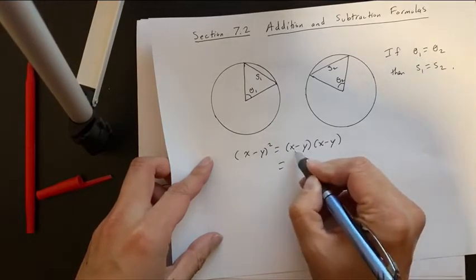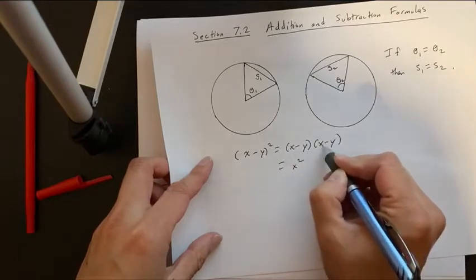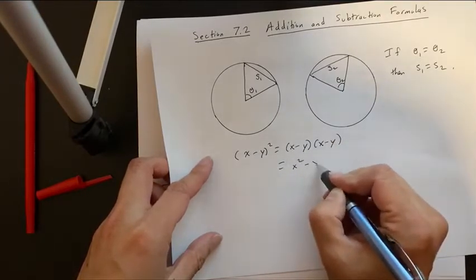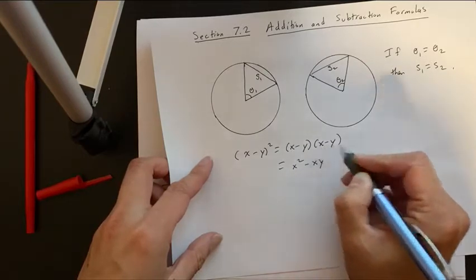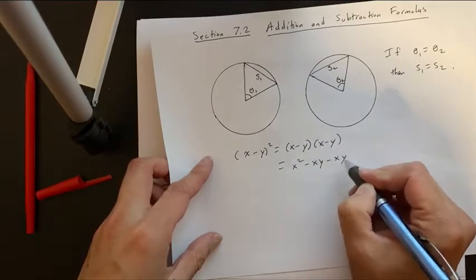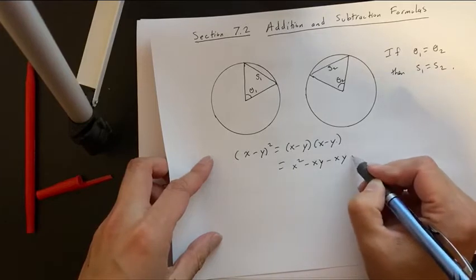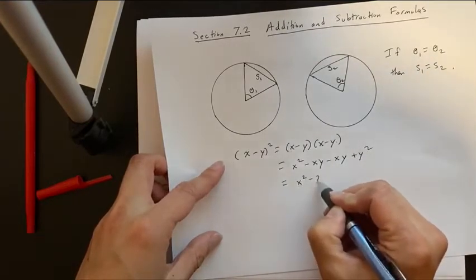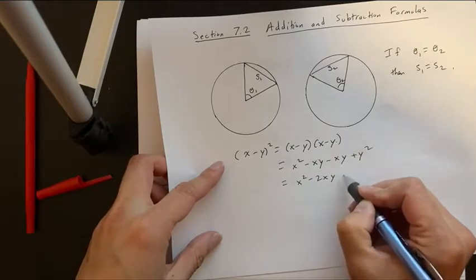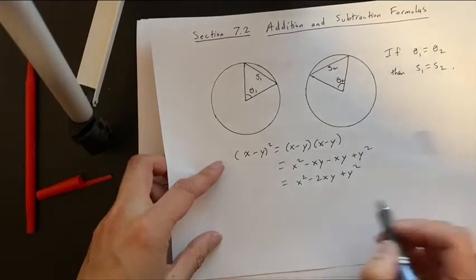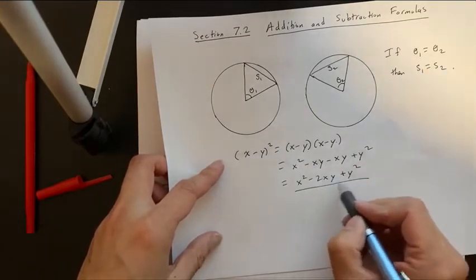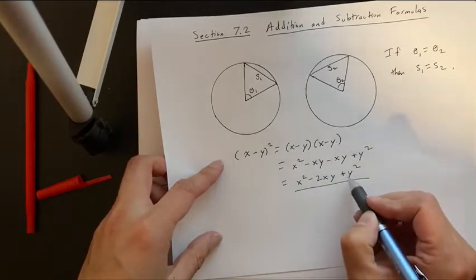So that's really x squared because first times first. Outside times outside is minus xy. Inside times inside, that's another minus xy. Last times last, that's a y squared. So you get this. Okay? So it's not as simple as x squared minus y squared, right? There's something extra, and it's actually a plus y squared.